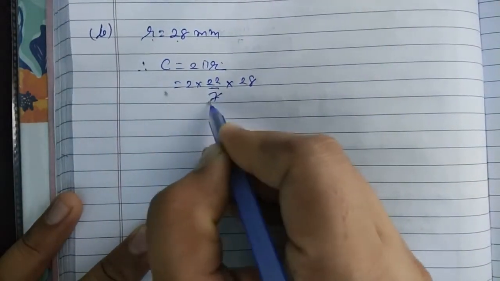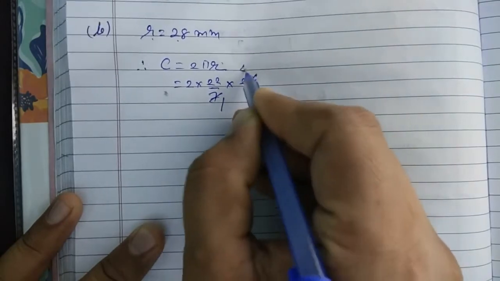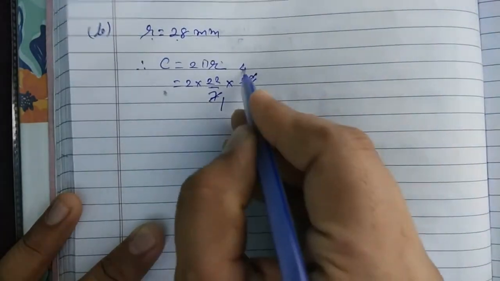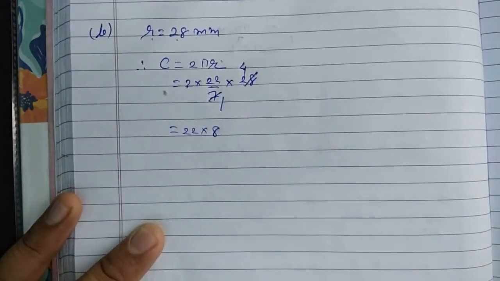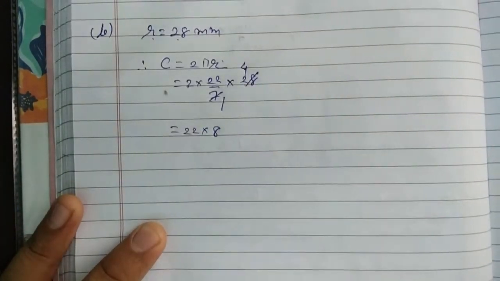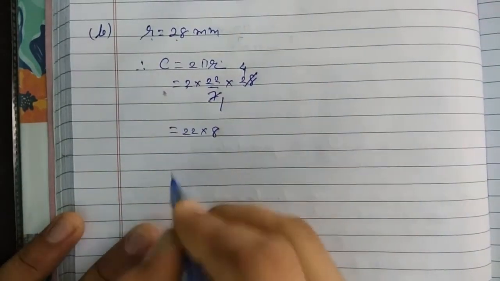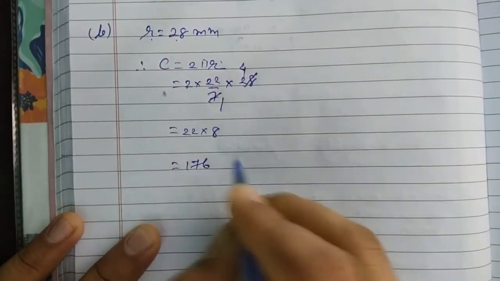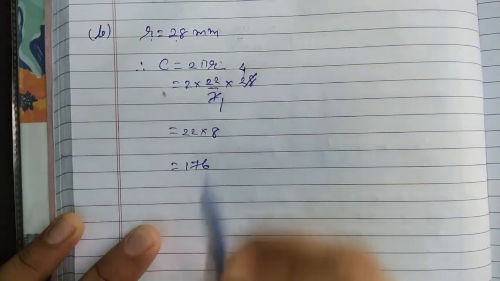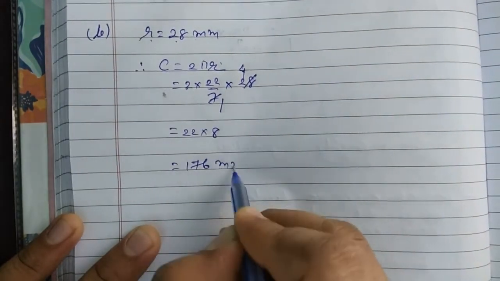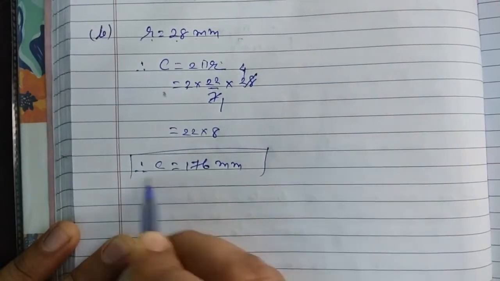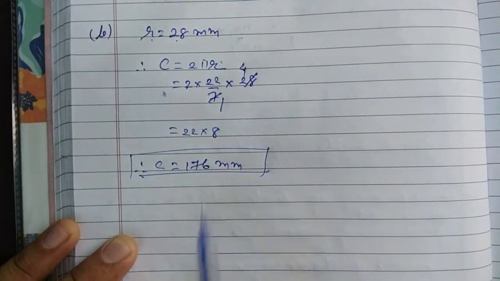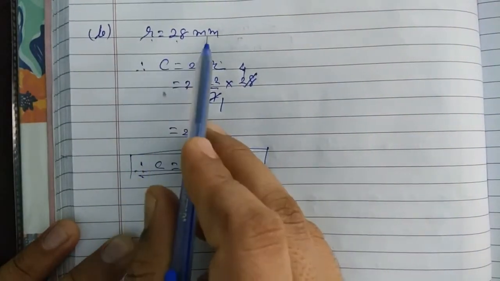Here we know that 7 ones are 7 and 7 fours are 28. 4 twos are 8. So 22 multiplied by 8. 22 multiplied by 8 is what? 176. And what is the unit? Here it is millimeter. Therefore our circumference is equal to 176 millimeter for radius 28 millimeter.